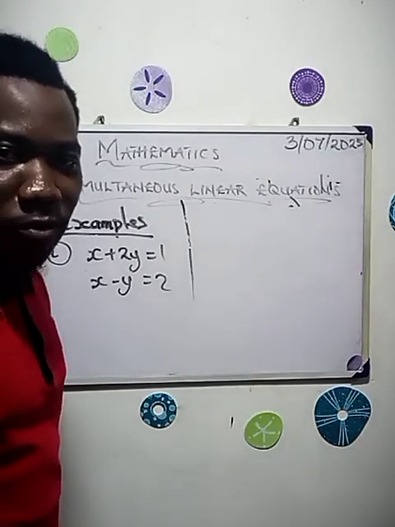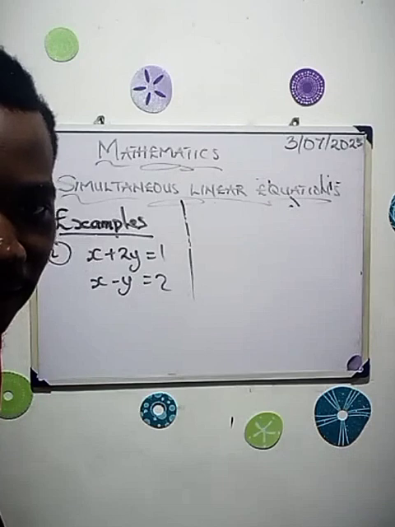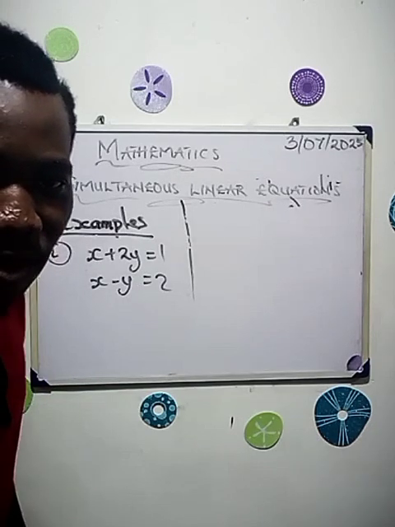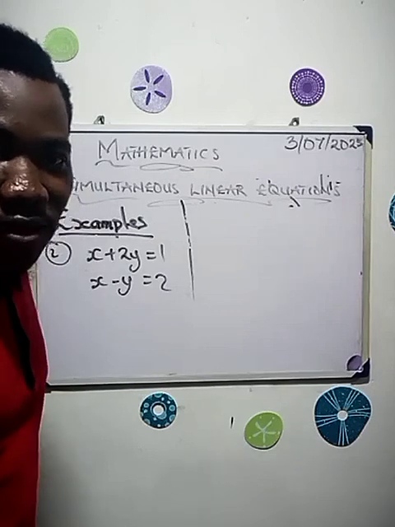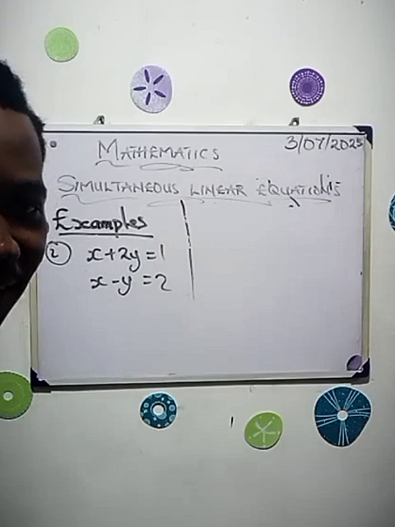Okay, we're having more people going for X. Still on X, more of X than Y. Okay, so let's solve for X.